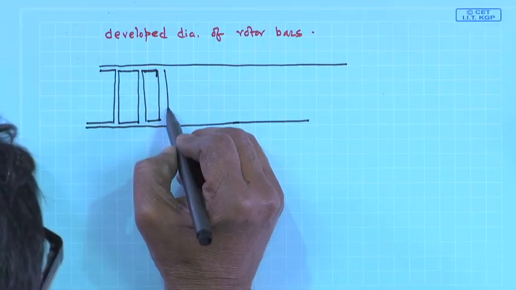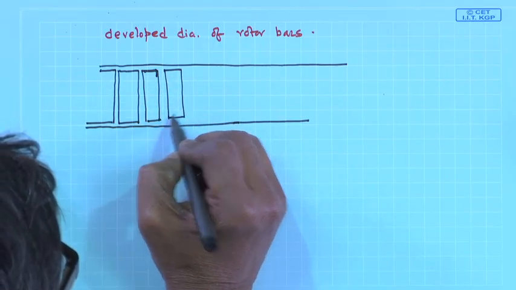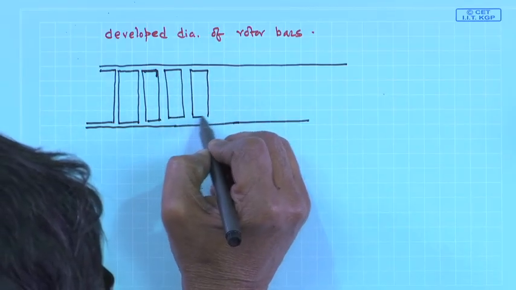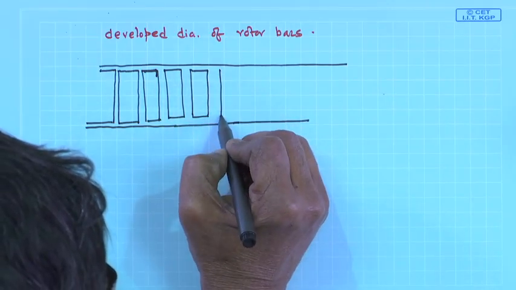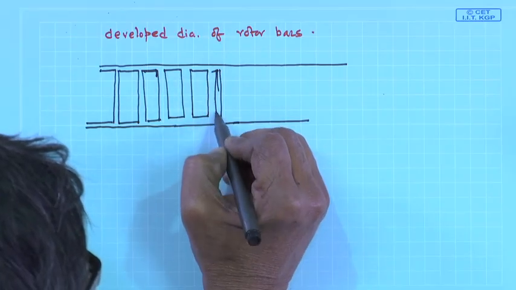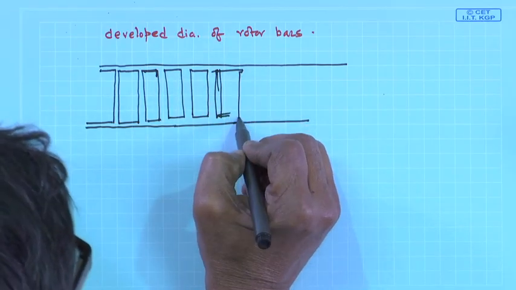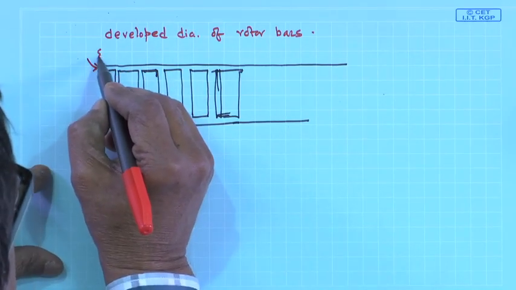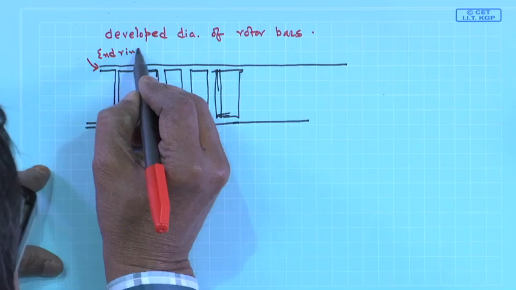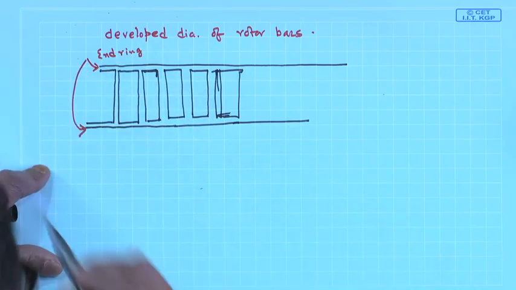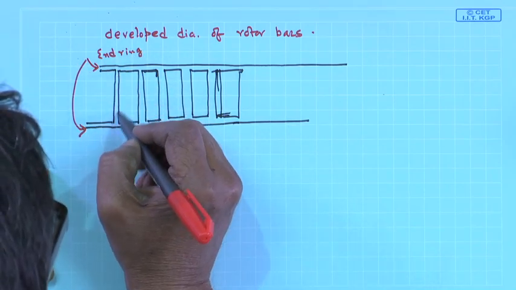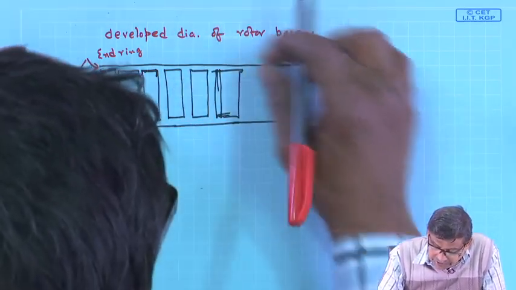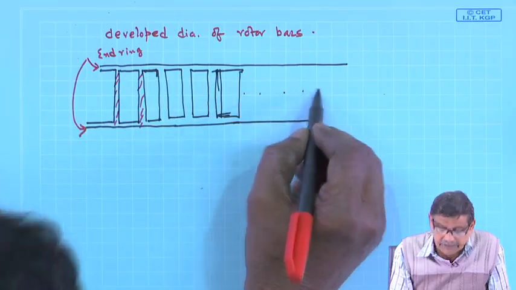Top view, you have developed it and looking from the top. I am sorry, it is quite big. Like this it goes. Where are the bars? These two are end rings, and these are the bars, copper bars, which are short circuited at both the ends, and it continues like this.